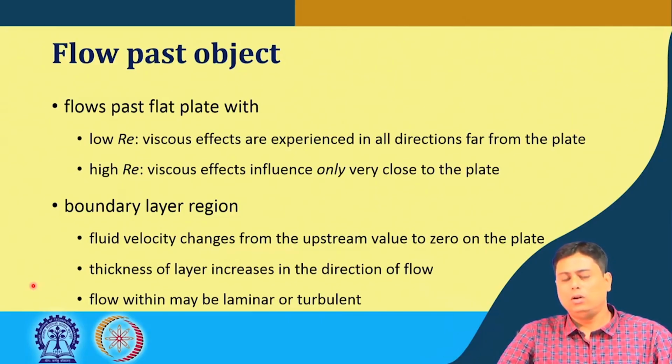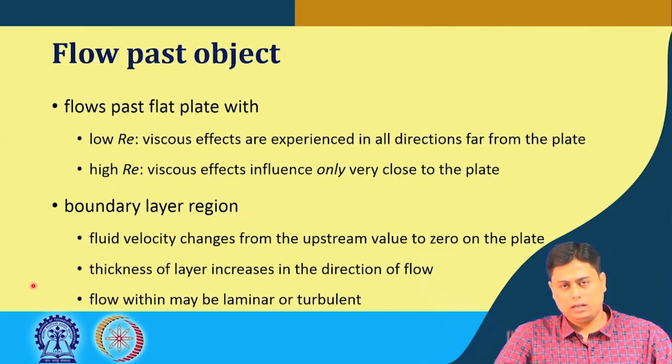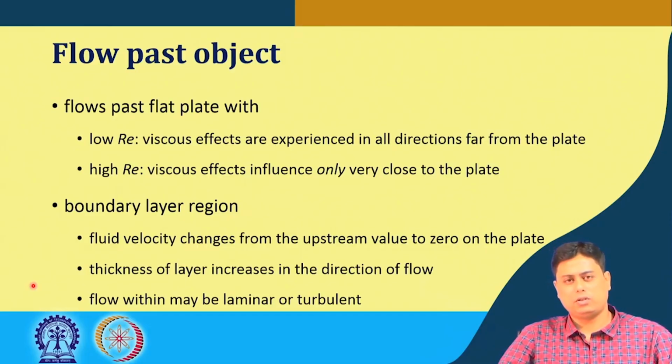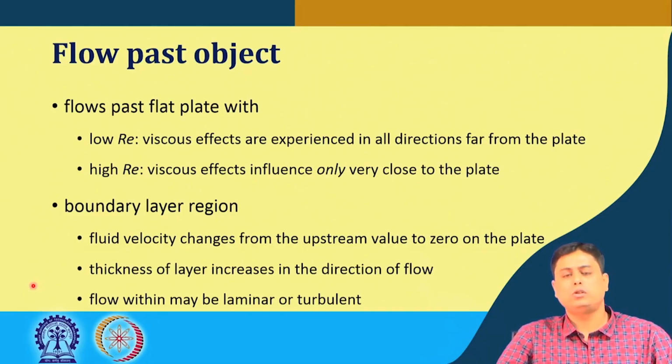Although for a real fluid there is a substantial amount of viscosity, there is a flow called the inviscid flow. When the viscosity is 0, the Reynolds number is infinite, which practically does not happen, but in such cases the thickness of the boundary layer, or the effect of this viscous force, is contained only near the wall in a very thin layer, when the Reynolds number is very high.